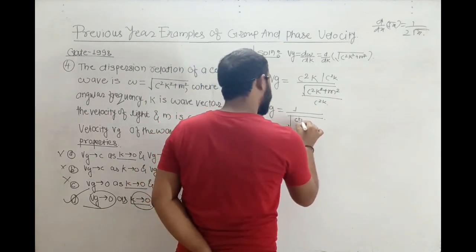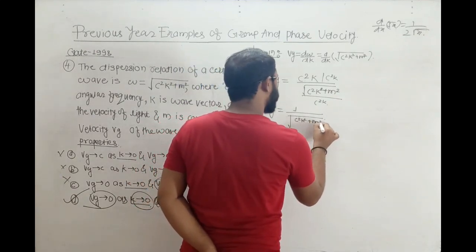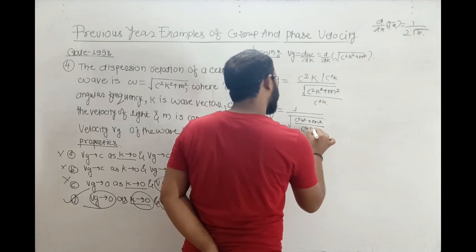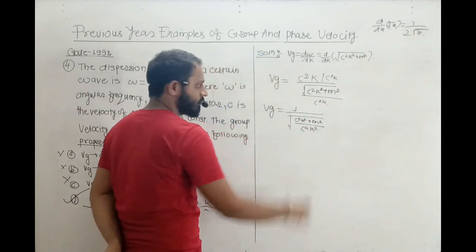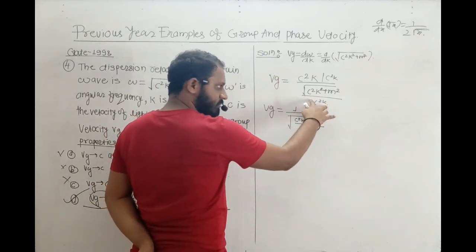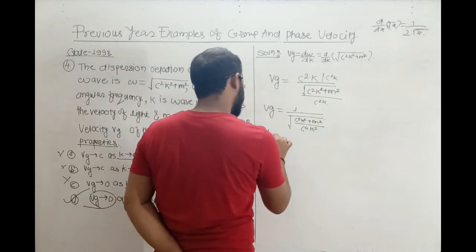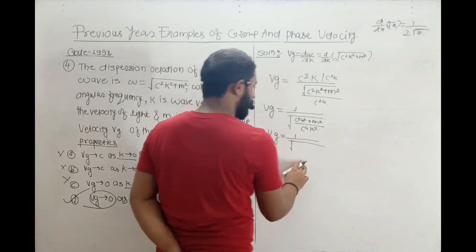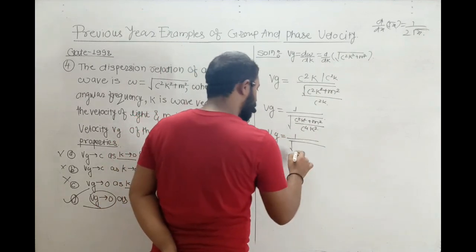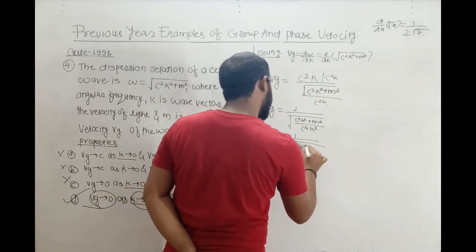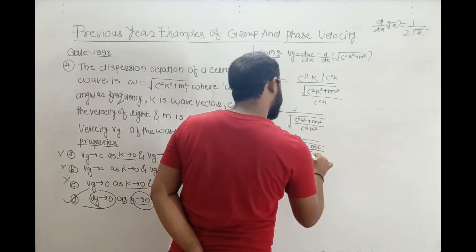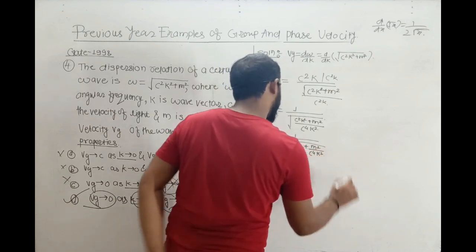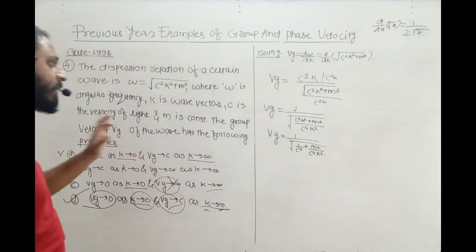That is, c square k square plus m square over c power 4 k square. Okay, no problem, I have taken this term in the square root. Therefore Vg equals 1 upon under root of, k square gets cancelled, 1 by c square plus m square upon c power 4 k square. Okay, this is your Vg.